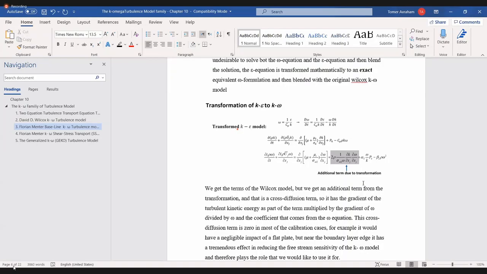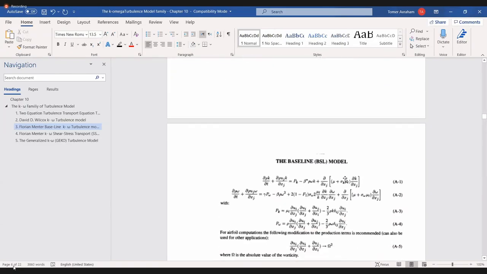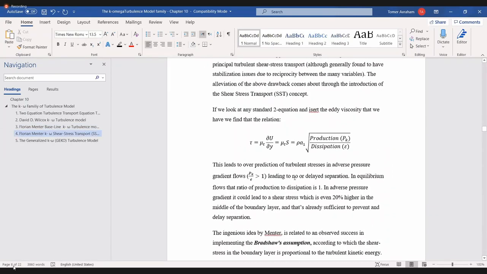So that's the BSL. It's important to understand, it's still 1994. In the same paper, he went one step further. What we usually do, if you look at two equations, is find a relation which relates the shear to some kind of constant, let's say A1 times the density.